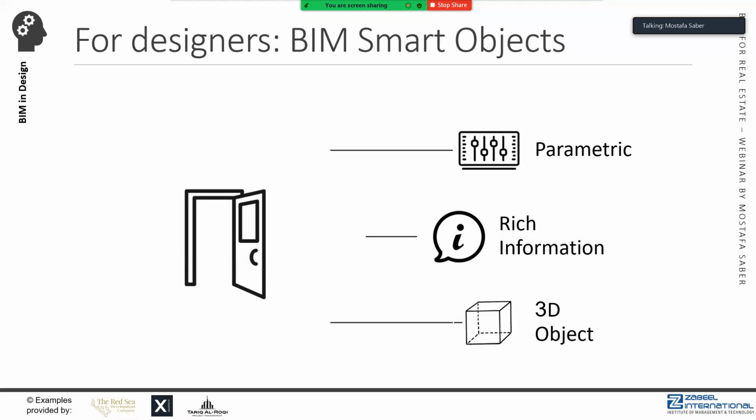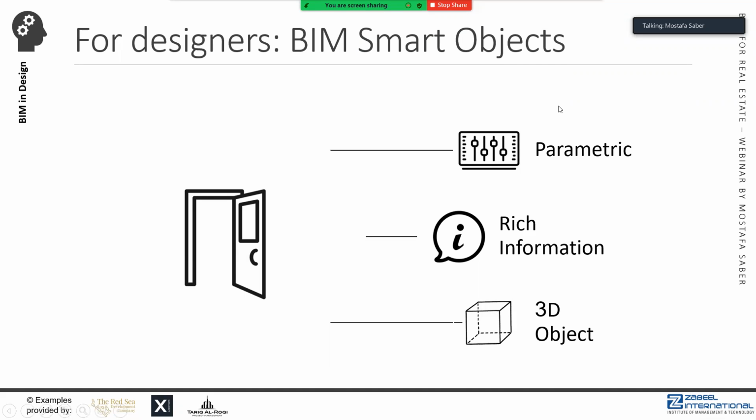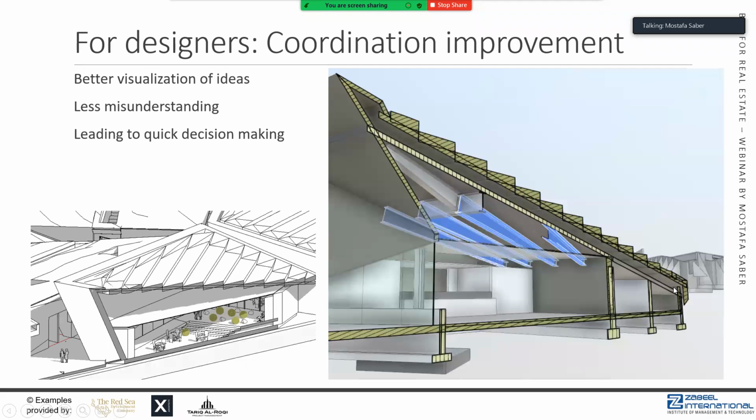Also, it has rich information, and this means you can add information like who the manufacturer is, what the cost is for this specific element, and what the exact dimensions are related to this element itself. So we see now for designers what the benefit of using BIM is as well.